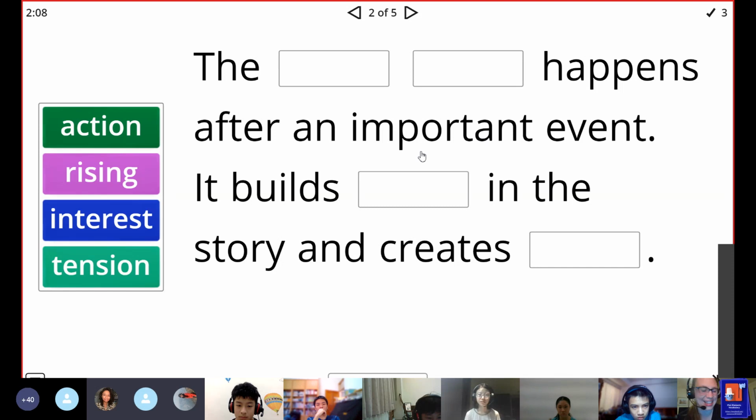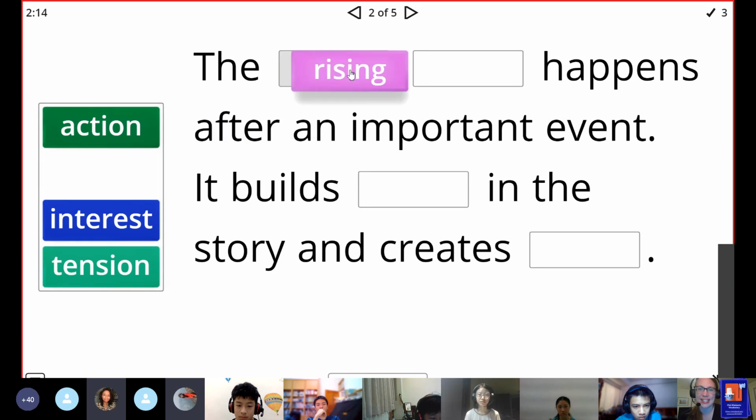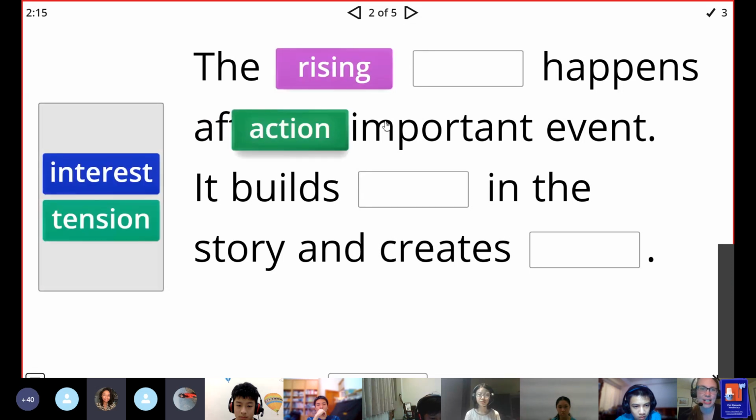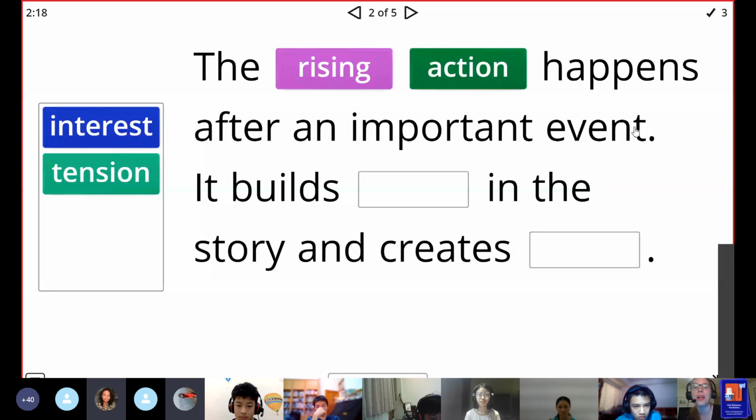Rising action. All right, let's fill that in. The rising action happens after an important event. It builds blank in the story and creates blank.